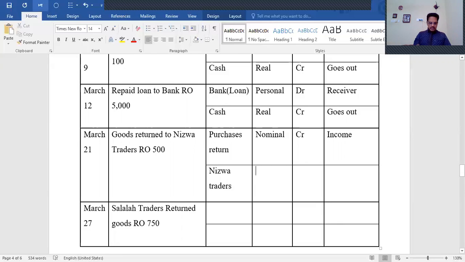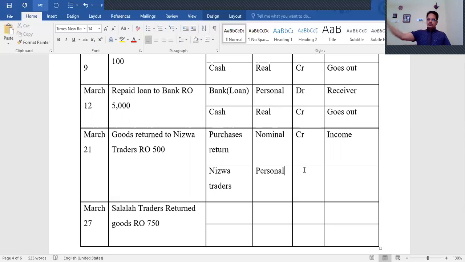Here, Niswa Traders is a personal account. You can think it is another case, but here there are only three accounts: personal, real, nominal. So Niswa Traders is a personal account. Now you have to think about goods returned to Niswa. Whether it is receiver or giver, for a personal account there is only one rule: debit the receiver, credit the giver.